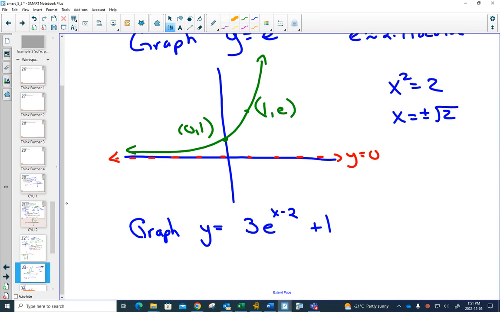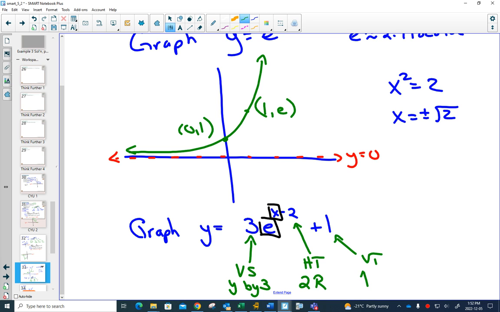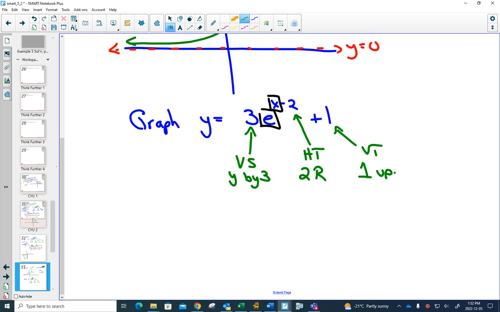So again, you would recognize the e to the x as your parent graph. The 3 is outside your function. That's going to be a vertical stretch. Multiply your y value by 3. The minus 2 is going to be a horizontal translation, 2 to the right. And the plus 1, a vertical translation, 1 up.